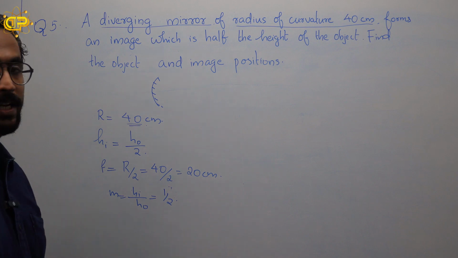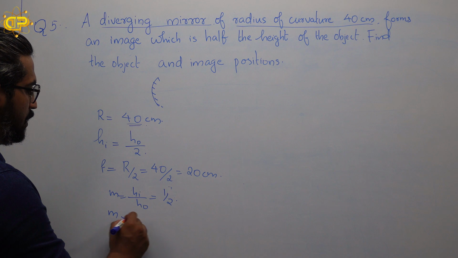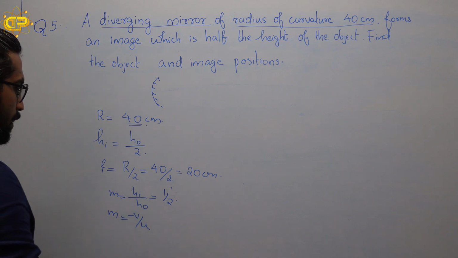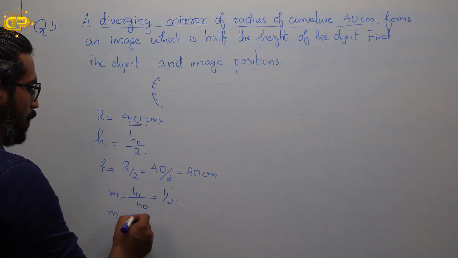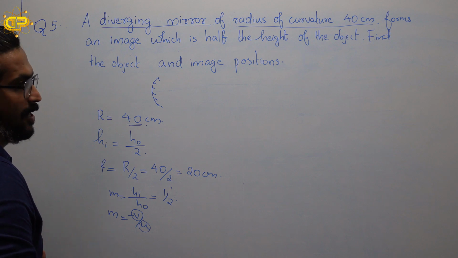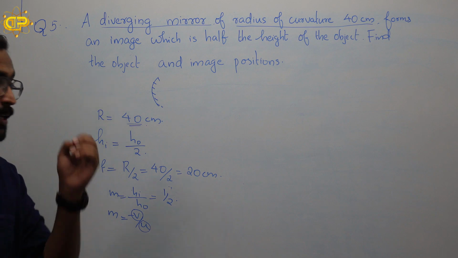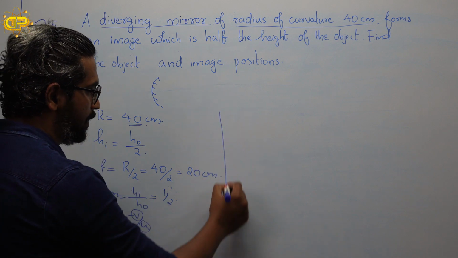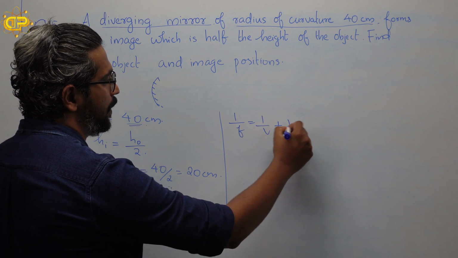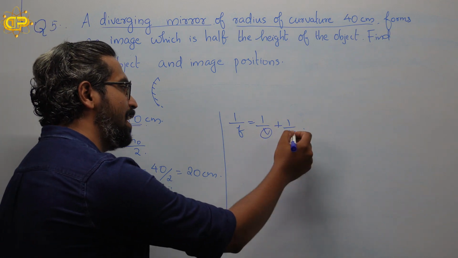From there, you got magnification is equal to 1 by 2. One more equation for magnification is minus V by U. Then you have to find out U as well as V. How can I find out U and V here? I can find them by using a simple technique, that is 1 by F is equal to 1 by V plus 1 by U. But we don't have V and U here.